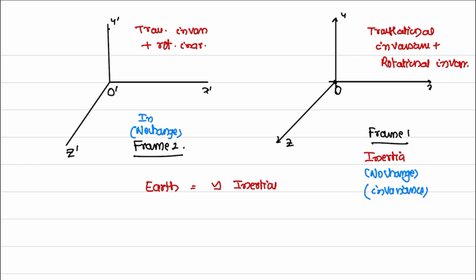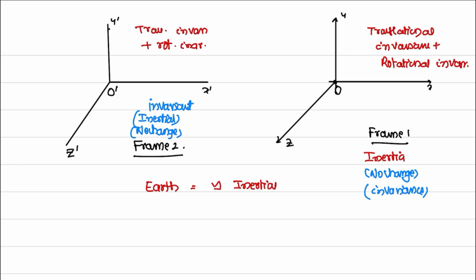Inertial means invariant. If the space is invariant, that means translational invariant and rotational invariant.